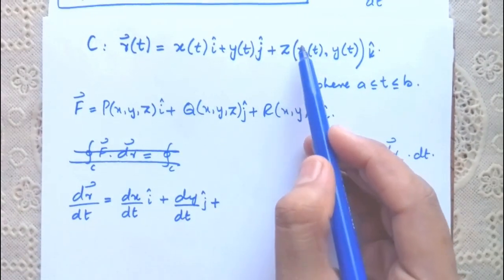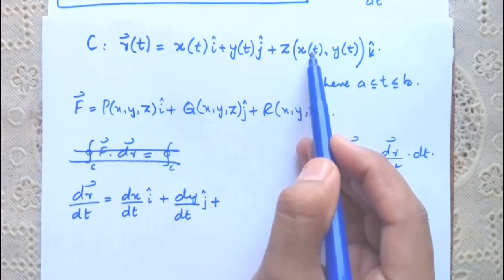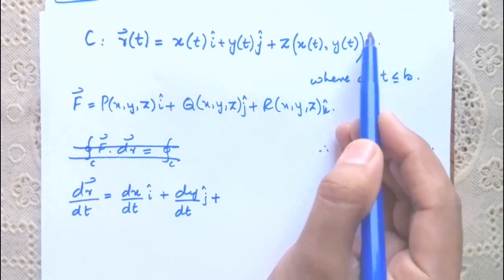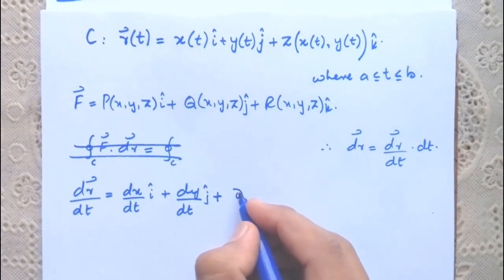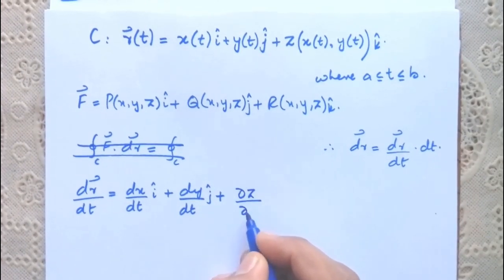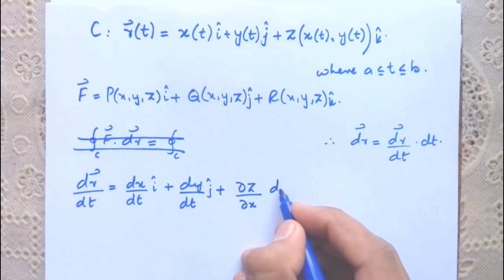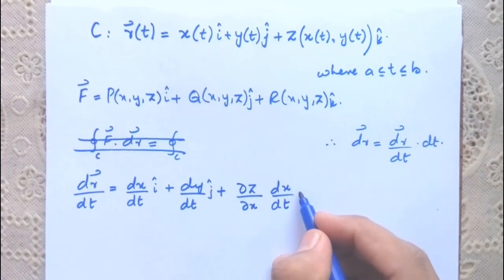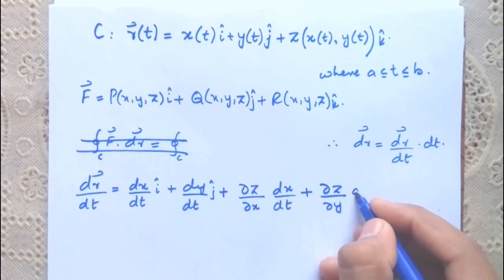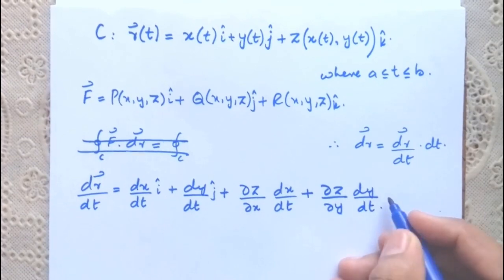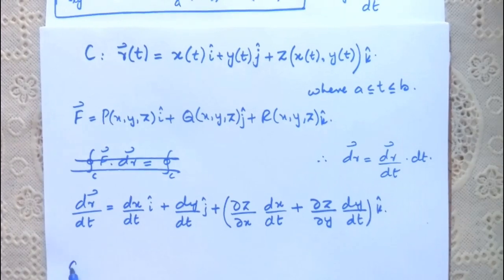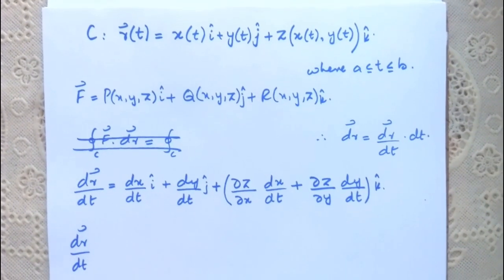So here is the same situation, that z is a function of x and y, and x and y are again functions of another variable t. So its derivative with respect to t will be partial of z with respect to x, dx over dt, plus partial of z with respect to y, dy over dt, in the direction of k, and it can be written as dr over dt.